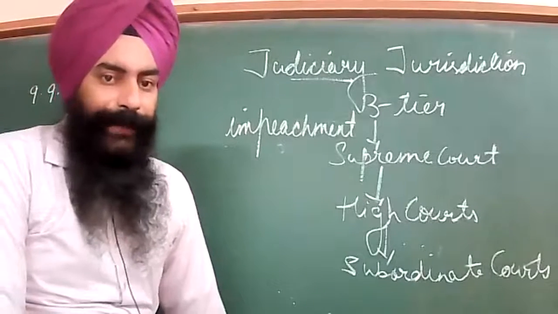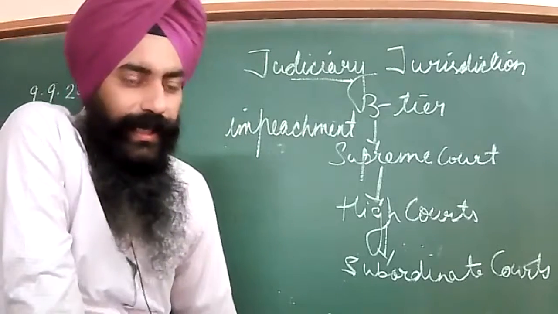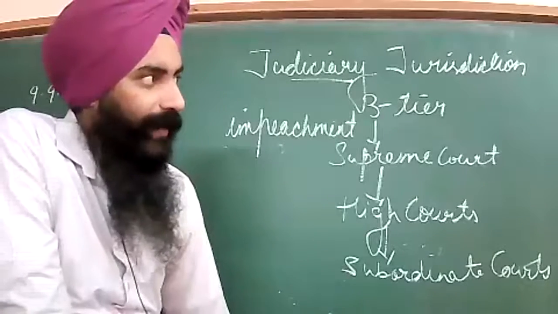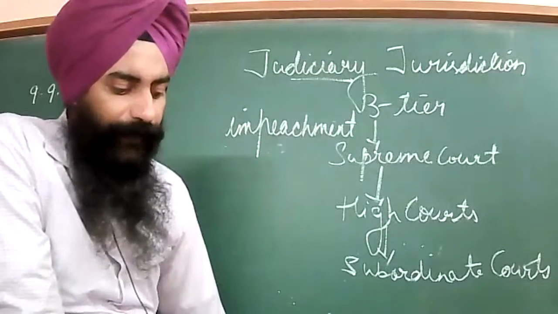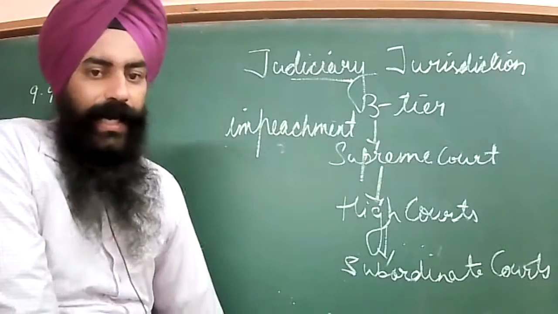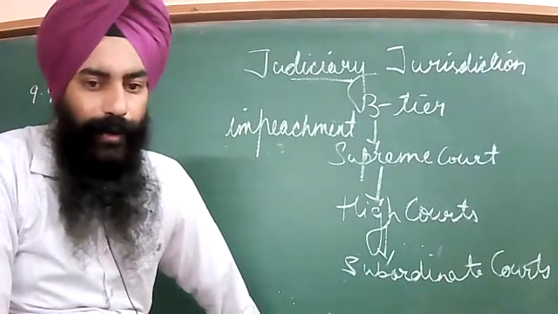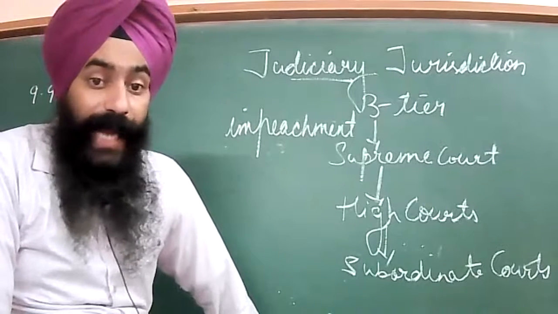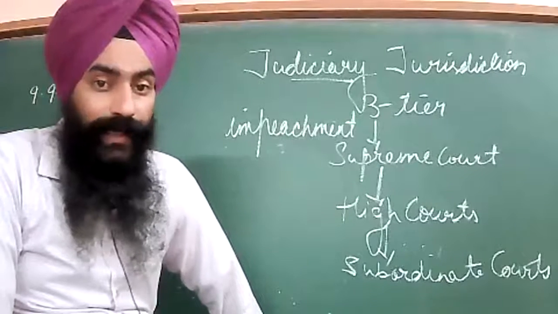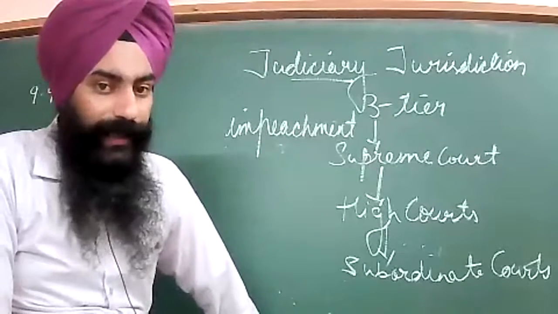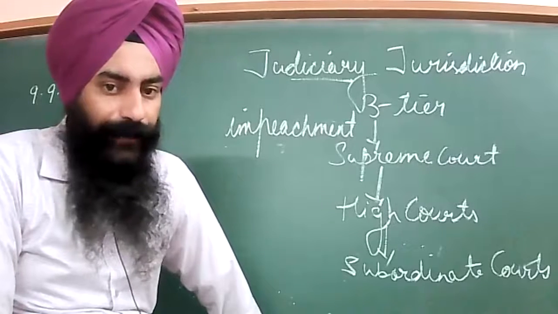In the joint session, people will cast their votes as representatives of Indians, in favor or against the President. If the majority is against the President, the President will first of all be removed from their post. Then a case may be filed against him or her in the Supreme Court. Clear? This is the advisory role of the Supreme Court.